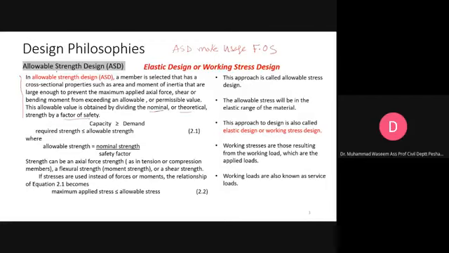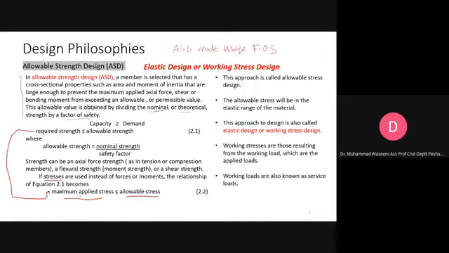Now this allowable strength design is also sometimes called the allowable stress design. If you use the word stress instead of strength, we will term this procedure or philosophy the allowable stress design philosophy. And this equation will turn into a different equation in terms of stresses, like what is the allowable stress and what is the maximum applied stress.